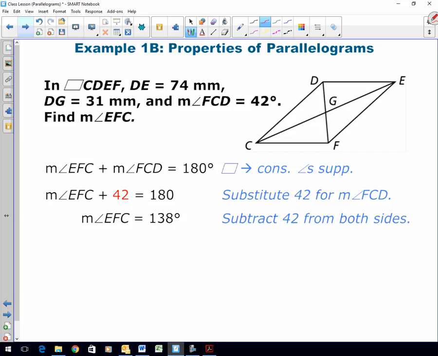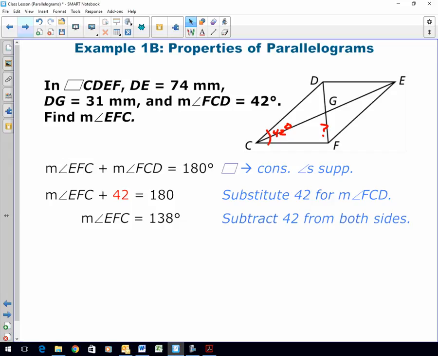Angle FCD, the big angle FCD. That angle is 42. What is the measure of EFC? What does my theorem tell me? Are those opposite angles or consecutive angles? What are consecutive angles in a parallelogram?